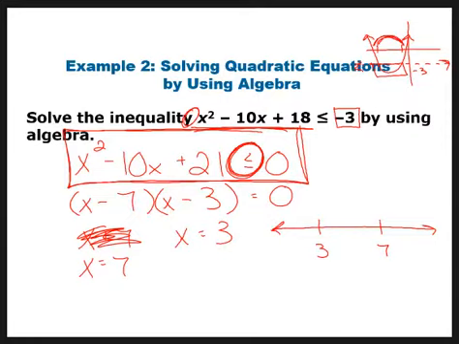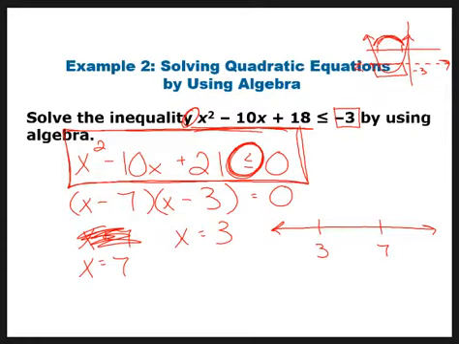Now remember back to when we did absolute value inequalities. If I had something that was less than, that typically meant I would shade between those two values. And if it was greater than or equal to, I would shade outside of the 3 and the 7, so you'd have lines going in different directions that would represent all your solutions.